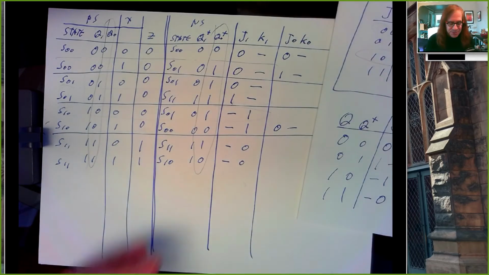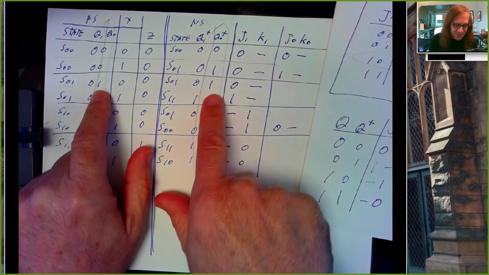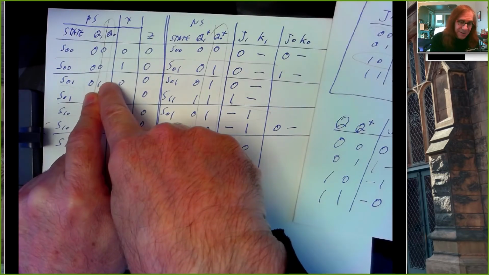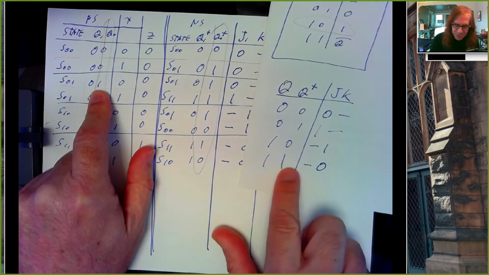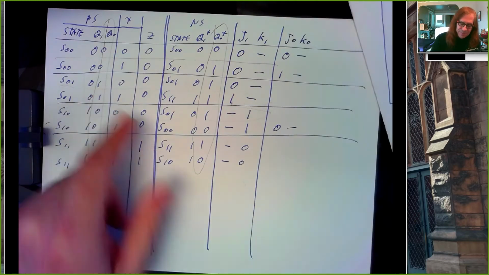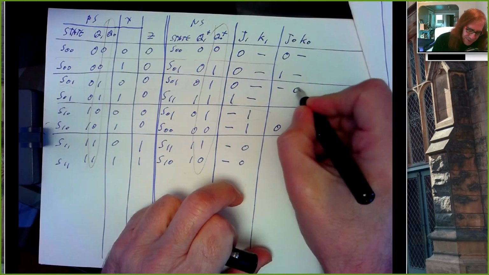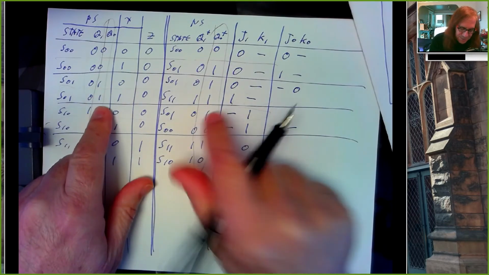And that's all we're doing when we look for an example that we've already done. So for example, in this third row, the current value of Q0 is 1. The new value should also be a 1. We want to go from a 1 to a 1. Set your JK to don't care and 0. So this will be a don't care 0. So that's from a 1 to a 1, and this is a 1 to a 1.